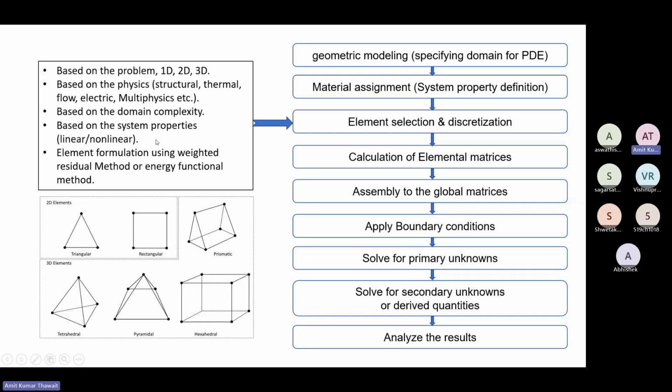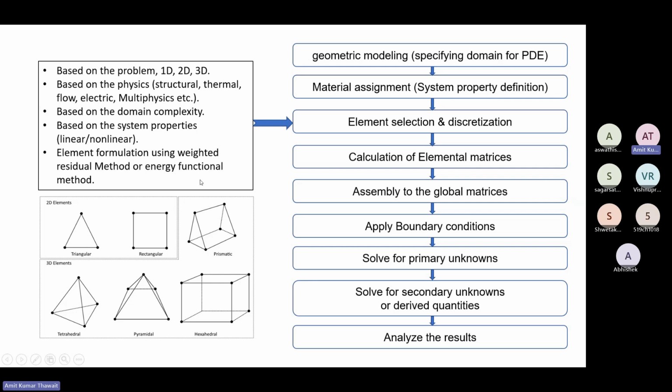And then the next step is element formulation, which comes under the finite element formulation. So we use the weighted residual method or the energy method, which is called the functional method, for getting the element matrices. So element stiffness matrix, element force vectors, and shape functions, all those things.